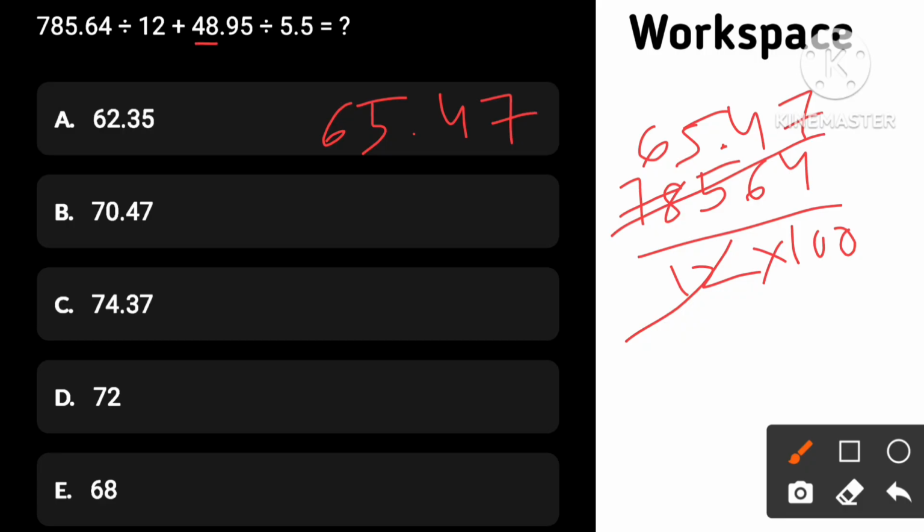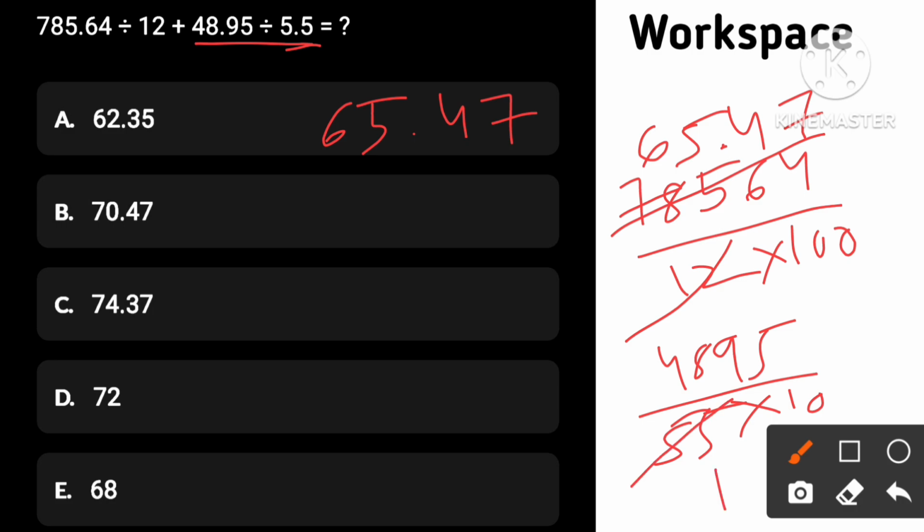Next 4895 divided by 100 and here we have 5.5 means we have only 1 10 in the denominator and it is 5 into 5 55. 5 11 times or else 11 5 times, 11 4 times and 5 times, 5 8 times which will be 40 and 9 times which will be 45.